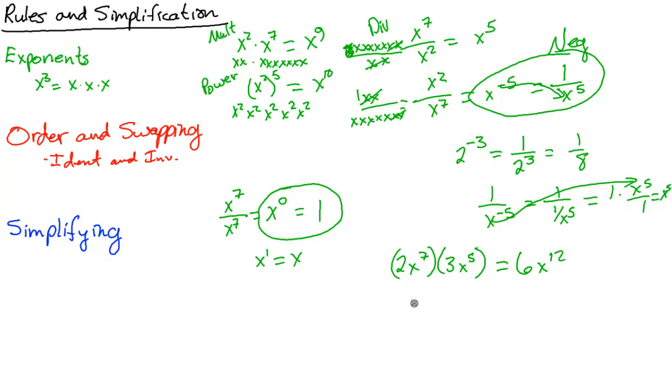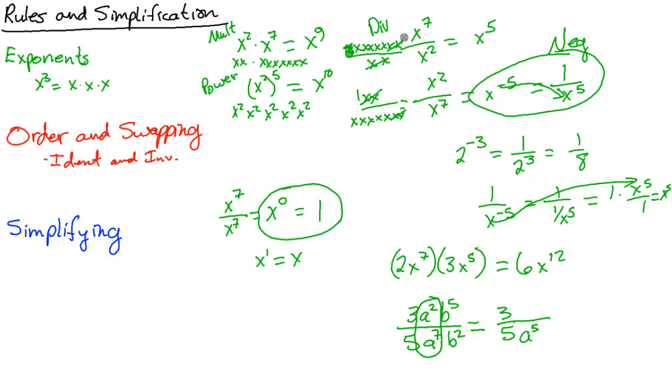How about if we had 3a squared b to the 5th over 5a to the 7th b squared? So this right here, when we simplify it, we actually have three problems. We have 3 over 5. Then we have a squared over a to the 7th. 2 minus 7 would be a negative 5, and then it would flip down to the bottom.